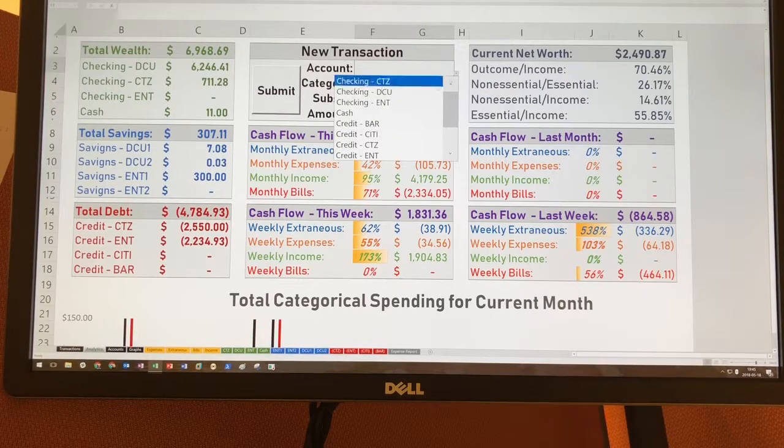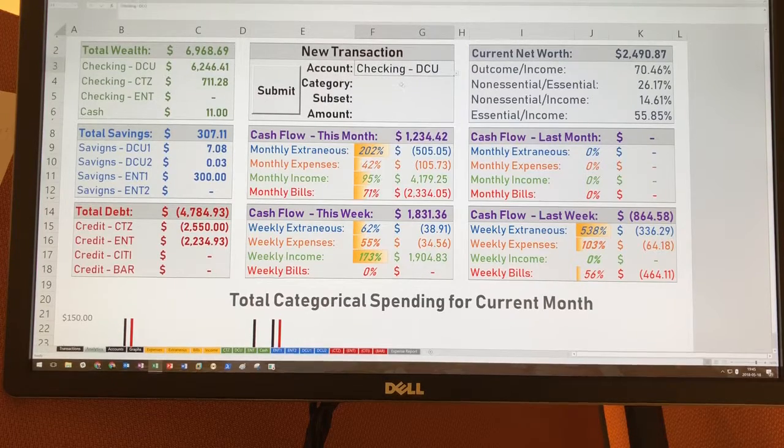So you come here and you select your account first. And then you go down here and you say, okay, what's the category? Let's say it's extraneous. Based on what the category says, it will pick a subset. Now that that's populated, I get eating out, entertainment, software purchases.